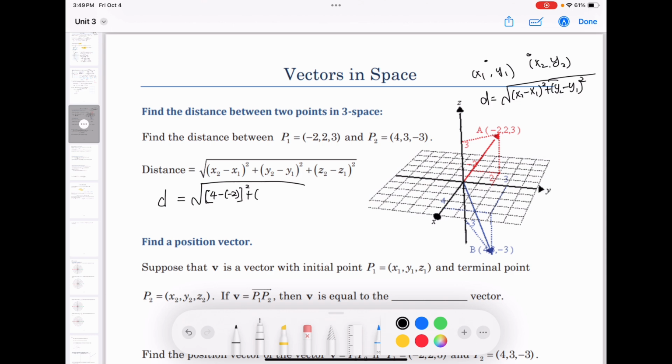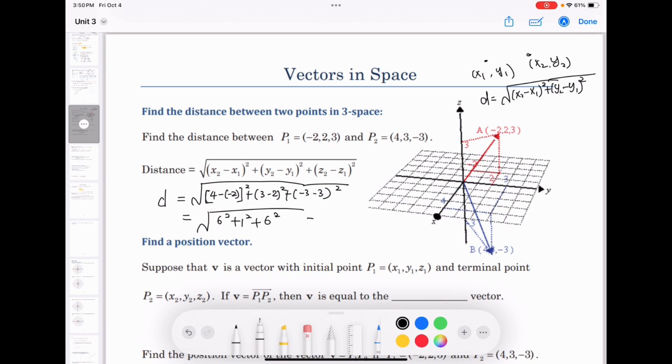Plus the difference of the y, 3 minus 2. Use this 3 minus this 2. I'm going to have 3 minus 2 squared, plus negative 3 minus 3, all of them squared. I can do the computation. So 4 plus 2 is 6, squared, plus 1 squared, plus 6 squared.